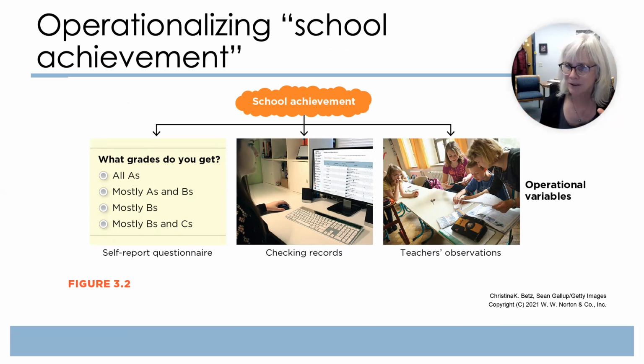You might think about some of the pros and cons to doing that, by actually checking student records, or by asking teachers to rate how students are doing. And each of those different operational definitions of school achievement can be useful and can also have some flaws. Okay, so we have to be thinking carefully about the pros and cons to those things.